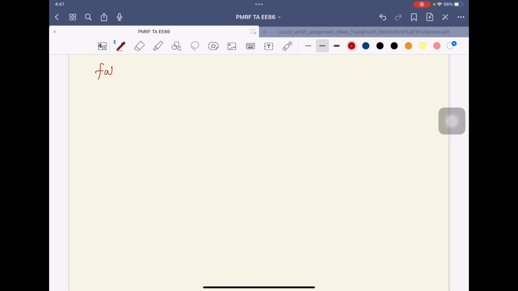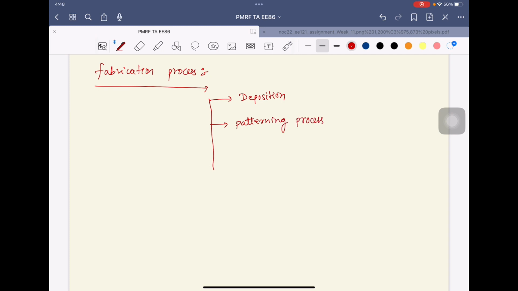The fabrication process you can divide into three steps. One is the deposition process, the second is the lithography process or patterning process, and the third is the removal stage, or we can say the etching process.